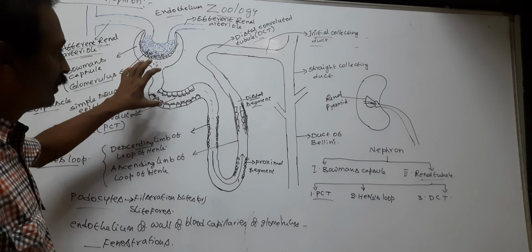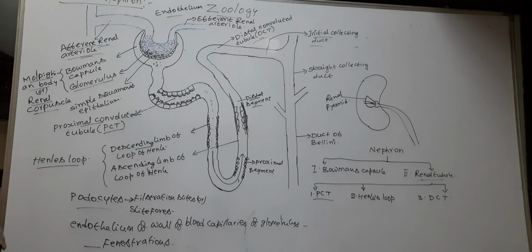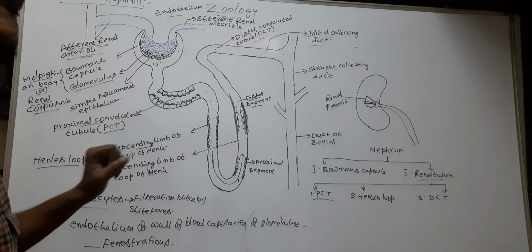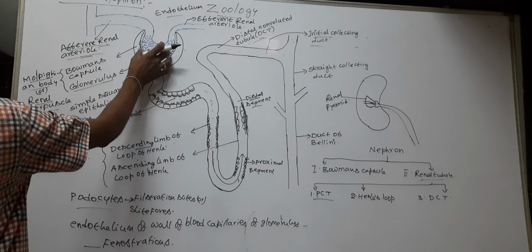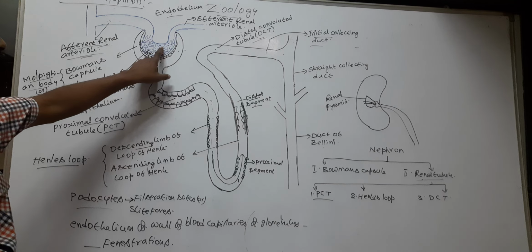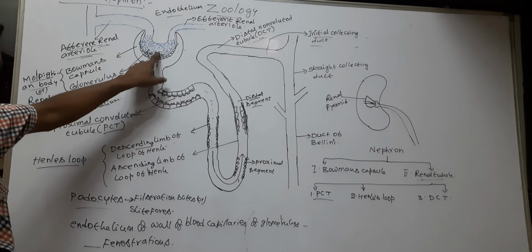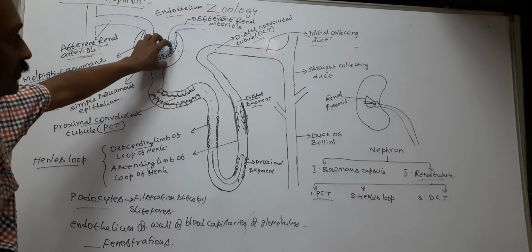In the human kidney, each kidney possesses 1 million nephrons. Here the Malpighian body means the glomerulus and the Bowman's capsule constitute the Malpighian body.